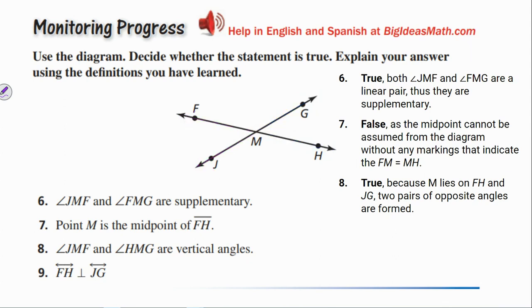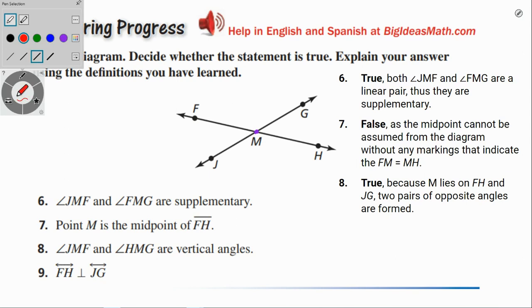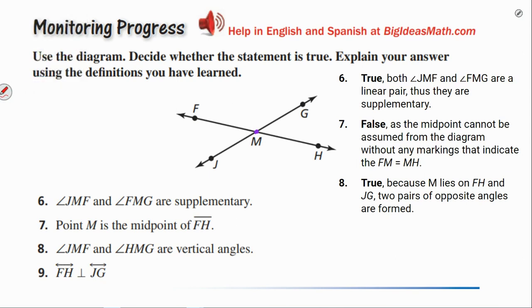And finally, we're asked that line FH is perpendicular to line JG. Well, JG and FH do meet at point M, but we are not provided that information that they are in fact perpendicular. We are missing a piece of information to tell us that.